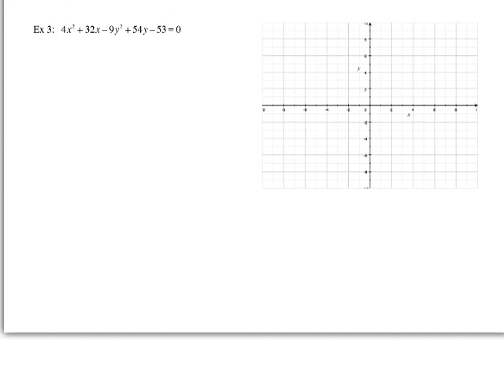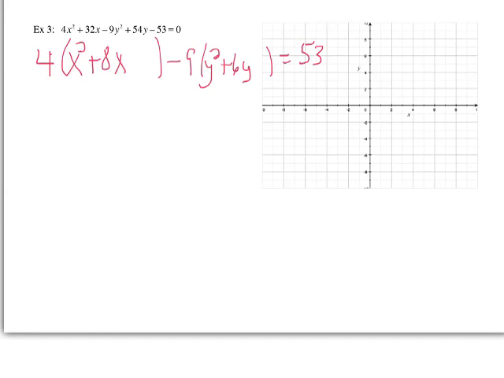So what I would do is 4 times x squared plus 8x, and then minus 9 times y squared plus 6y, this is a mess, equals 53.